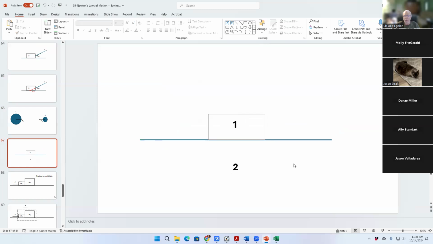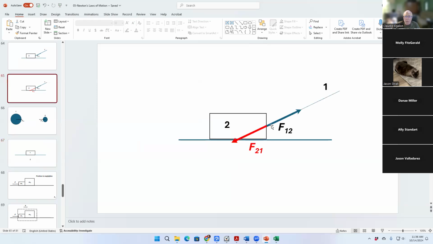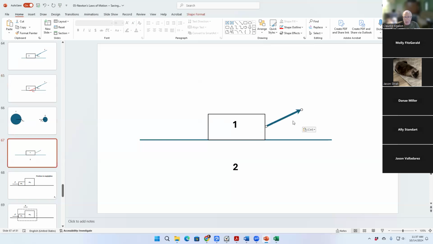You already know that this object here is feeling a force that's normal, right? I'll put it like that, and I'll put the 1 to the side. Objects 1 and 2.